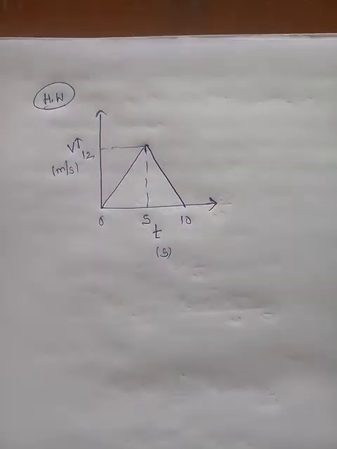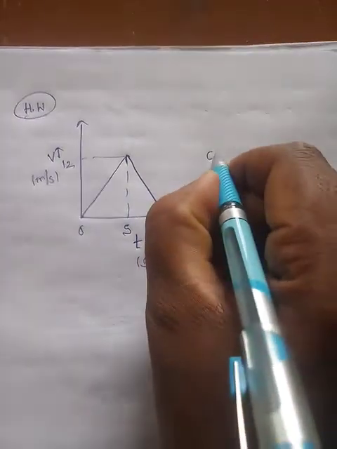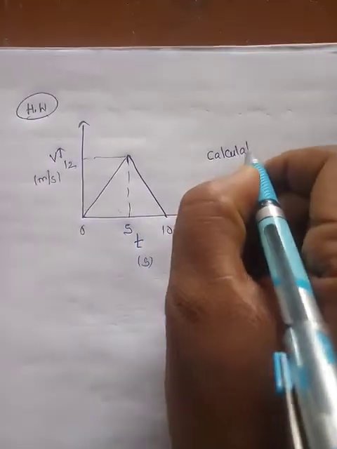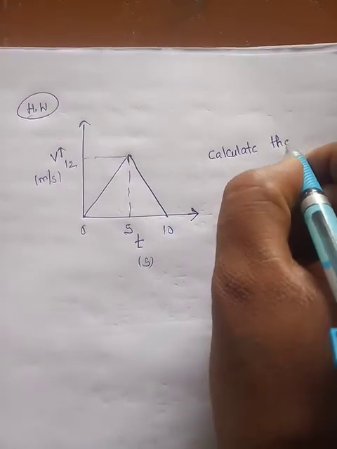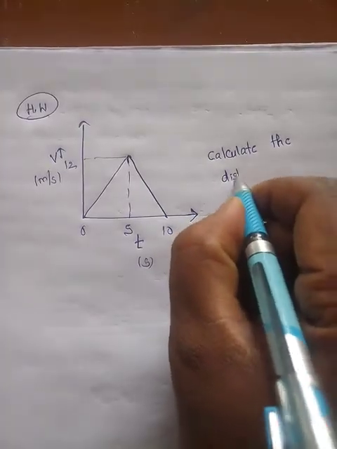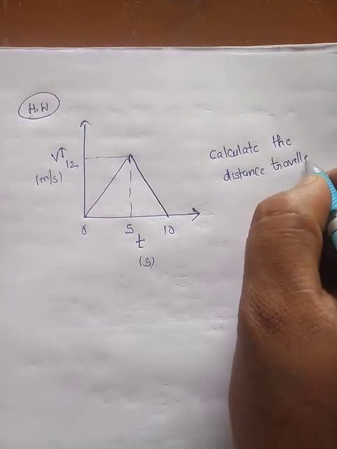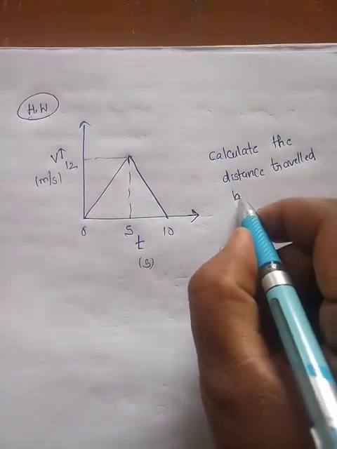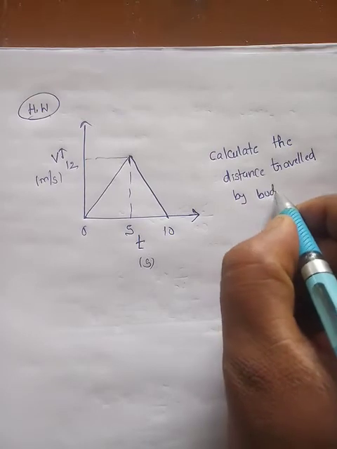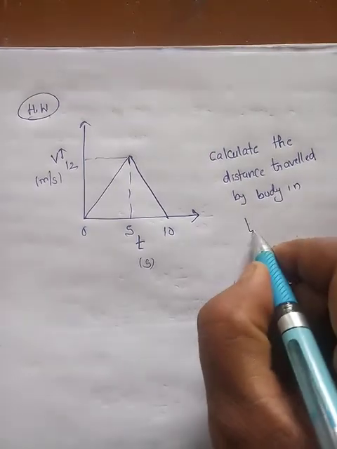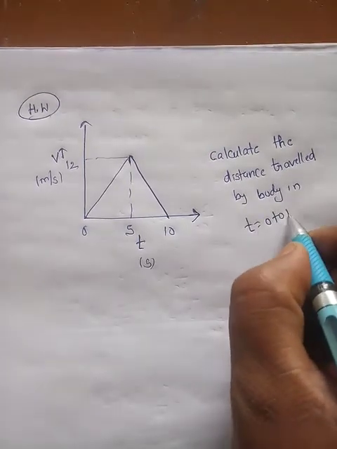The question is very simple. Calculate the distance travelled by the body in t is equals to 0 to 10 seconds.